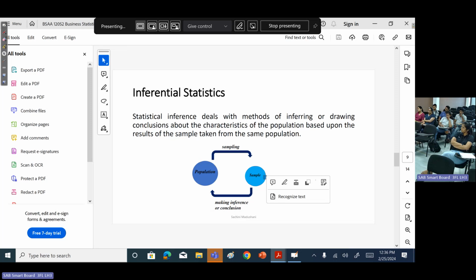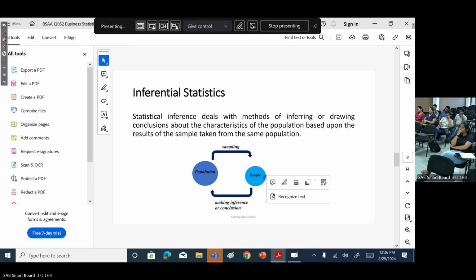Basically we cannot study the whole population and take decisions about the population. There is a process. First we take the sample from the population, then study the sample. Then we can calculate the mean value of the sample. Understood? Then we can do the estimation. We do those things with the sample data, then finally the analysis. Based on the result, we can take decisions about what?